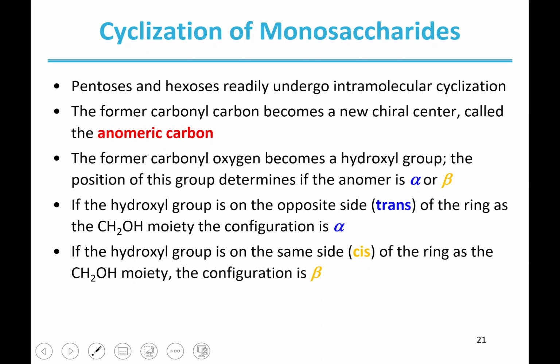Okay, and how you can tell alpha and beta apart, you use the CH2OH moiety on the sugar.